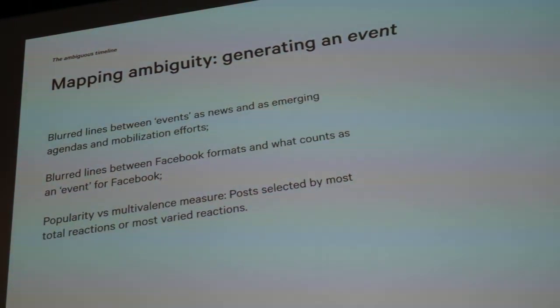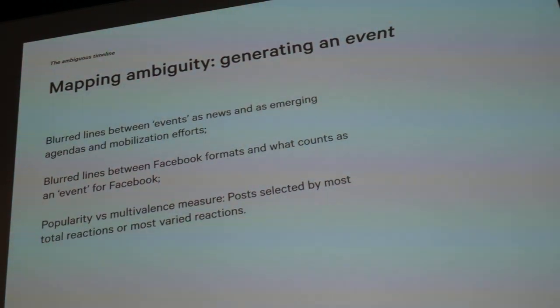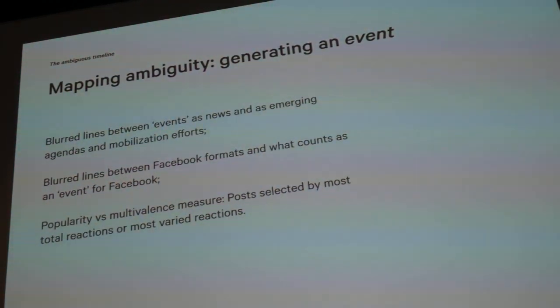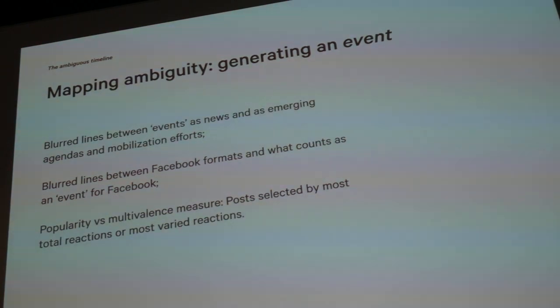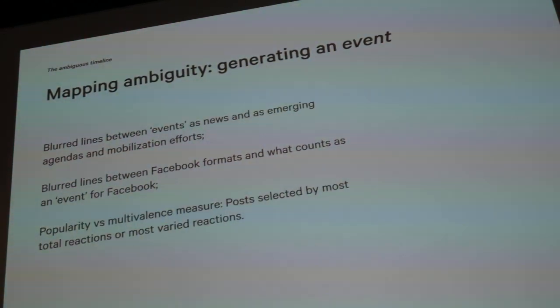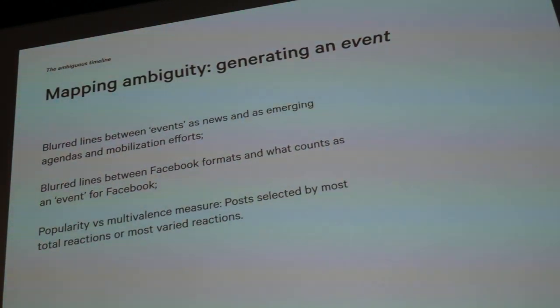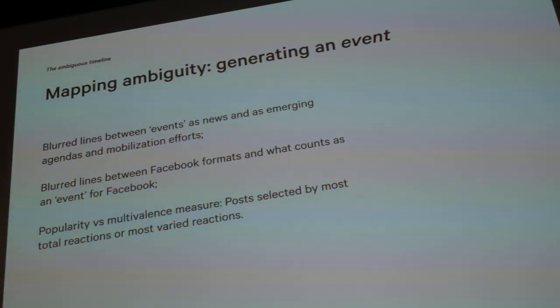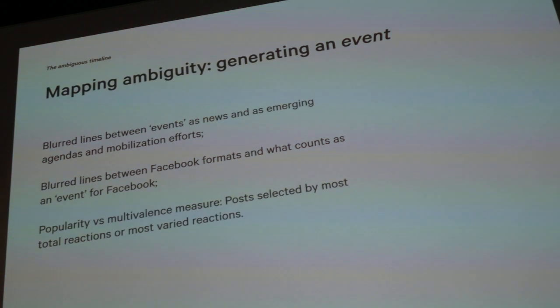But you can also have what we call a multi-valence measure, which we operationalized as 3 or more different emojis being in use. So there's an ambiguity in terms of what are good Facebook-centric criteria for selecting the top events. Is it multi-valence in reactions, or is it number of reactions?